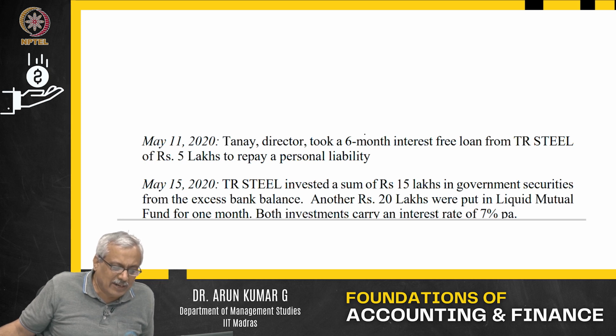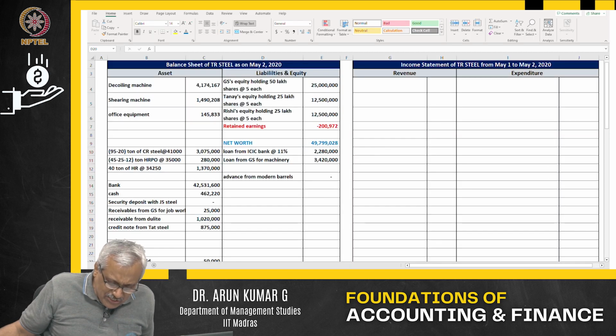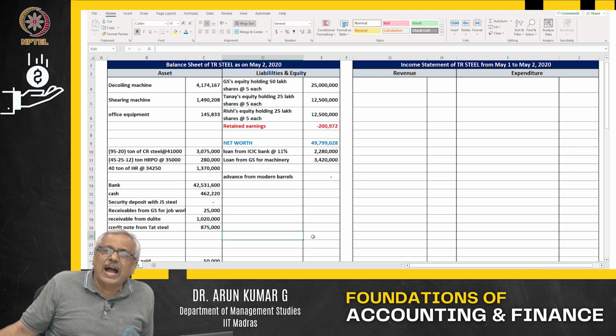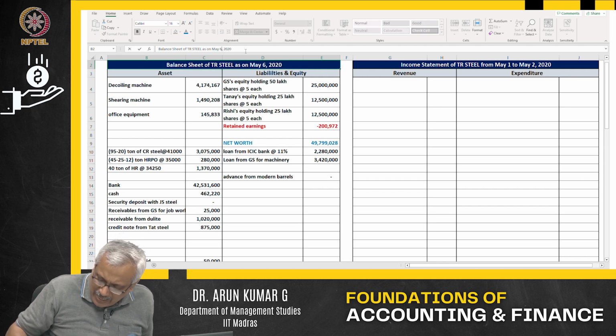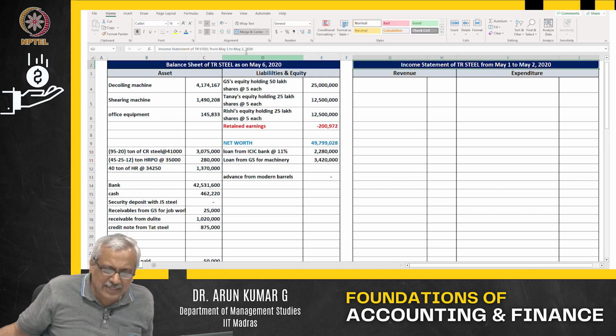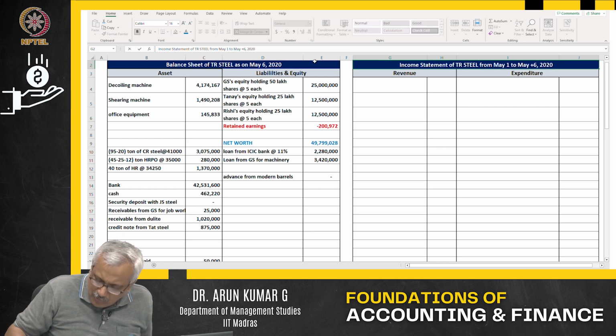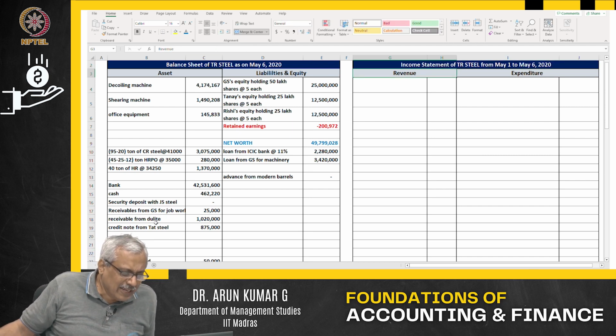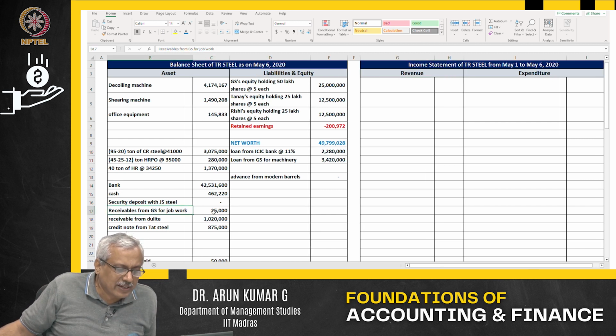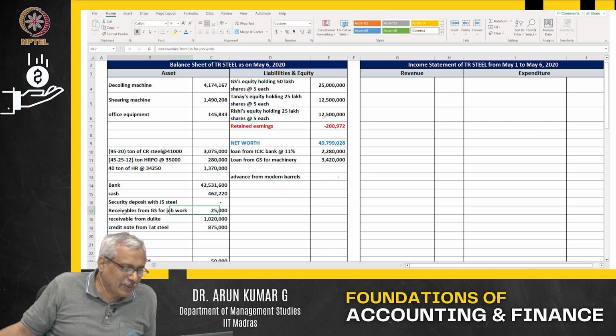There is no statement I see, but since you have to receive the money from the parent company, I presume that on the 6th of May you would have received that money for the job work you had done for GS. You see, the receivable from GS you have received.